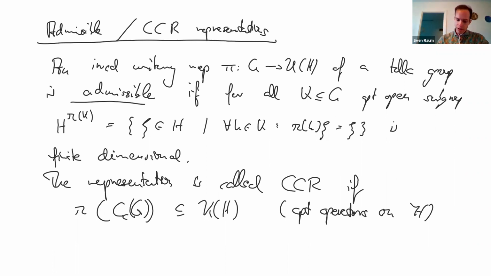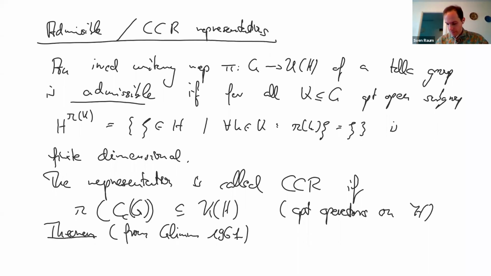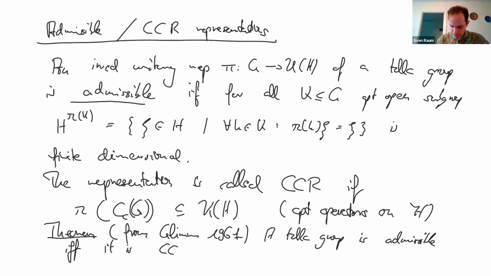And one theorem, this follows from work of Kleinman in the 60s, says a TDLC group, let's say, in this case, because I defined it like this, is admissible if and only if it is CCR.